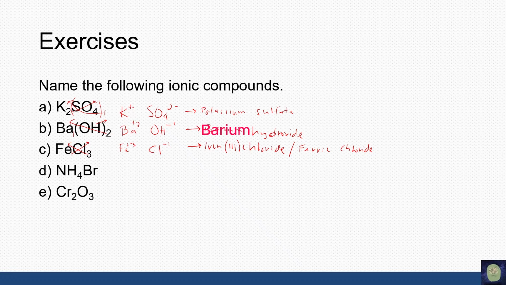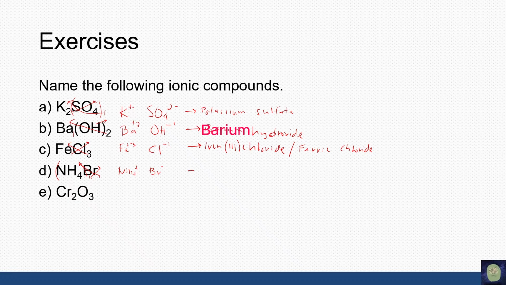Next, we have NH4Br. So again, this is a polyatomic ion. Since both don't have a subscript, you can assume this is 1. So we can crisscross. So this is NH4 positive and this is Br negative.